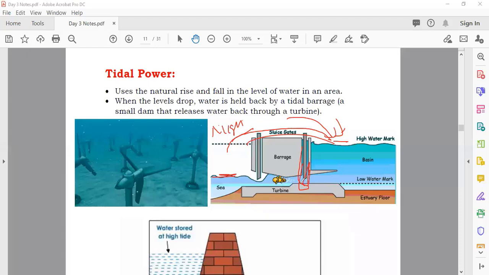If you open this gate in the night, water cannot go back because the level here and here is the same. In the day, this level went down till here. Then you open this gate and the water falls from here towards this part, because this is the only path through which water can pass and go back to the sea. So here they fit a turbine. When the water passes through this turbine, it rotates, and it is fitted with the generator and electricity is produced.